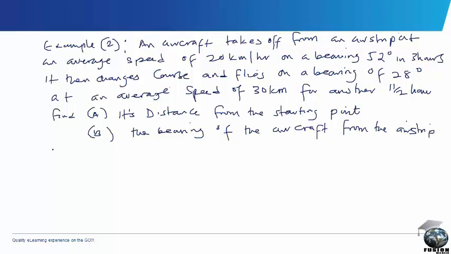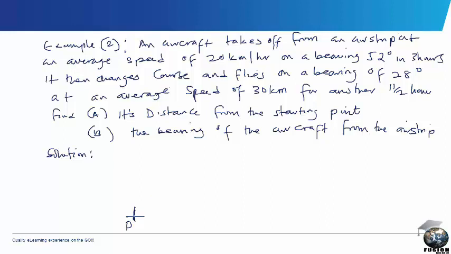We start with our solution by drawing the bearing of what happened. An aircraft, we are told, takes off from an airstrip. Suppose this is the airstrip, we call the airstrip P. Then it takes off from the airstrip on a bearing of 52 degrees.